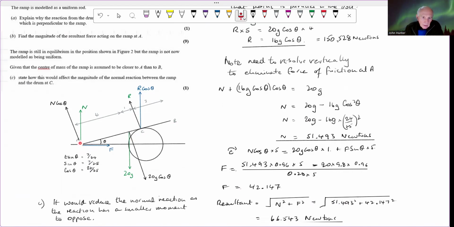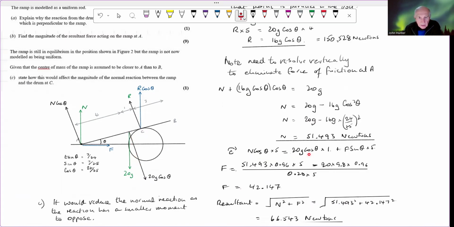So now this N resolved perpendicularly is going to be N cos theta, and that's acting at 5 from the point C.